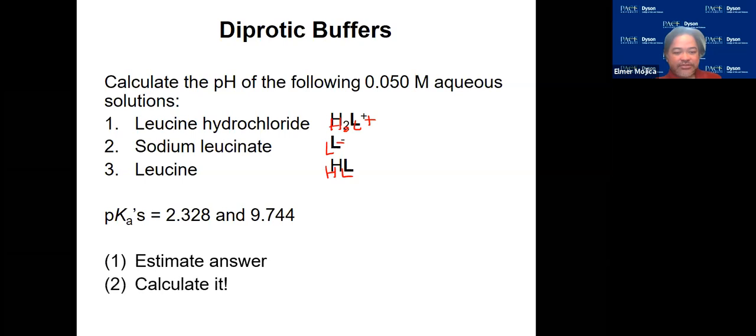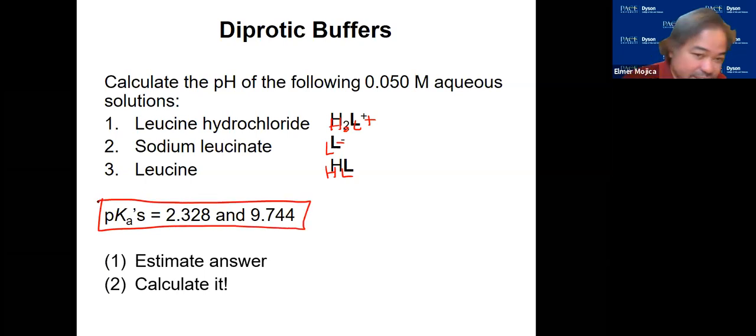So the way that we're going to do it is we estimate the answer and then we calculate it. We're going to need the pKa value. What does the pKa represent? Before we calculate, at pKa, what does it mean? Or let's say at pH 2.328, what does it mean?